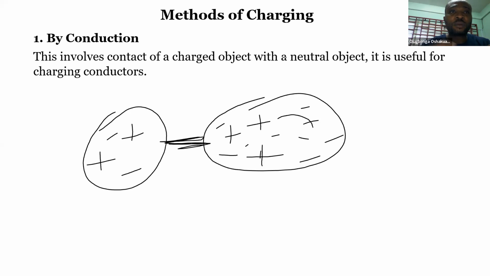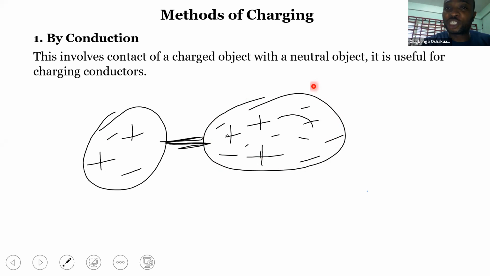So, charging by conduction involves the contact of a charged object with a neutral object, and it's useful in charging conductors. Okay, let me take a pointer. In this case, this is like a neutral conductor. And now we want to charge it with a charged body.